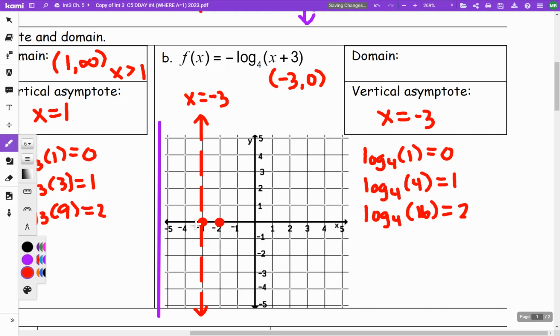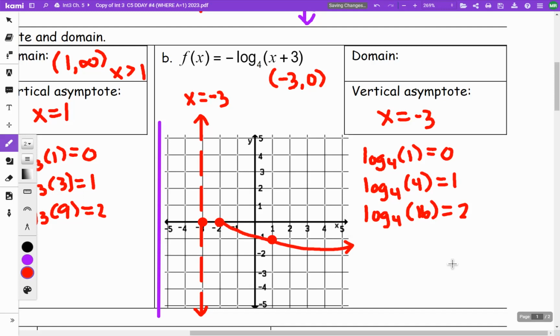So as I'm going out 1, log base 4 of 1 is 0. 0 times a negative is still 0. As I go out 1, 2, 3, 4, log base 4 of 4 was 1, but I'm going to times it by a negative, so I'm going to have a negative 1. And if I had gone 16 out, I would have gone down to a negative 2. Okay, now let's draw this. So this one looks like a negative square root.